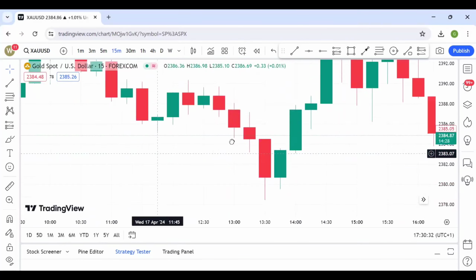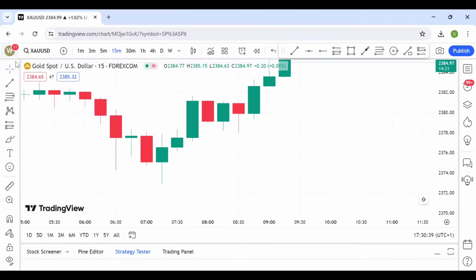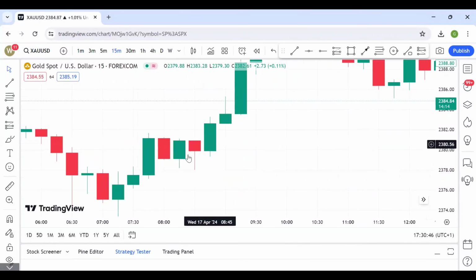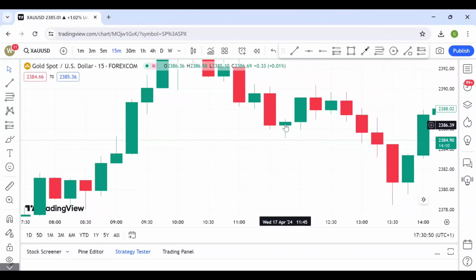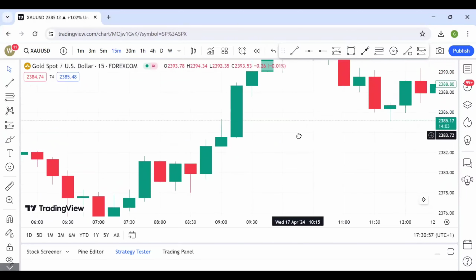Now, this is also a hammer, this particular one. Yeah, this is a hammer, this one here. So there are plenty of them here. So let's start with the hammer.